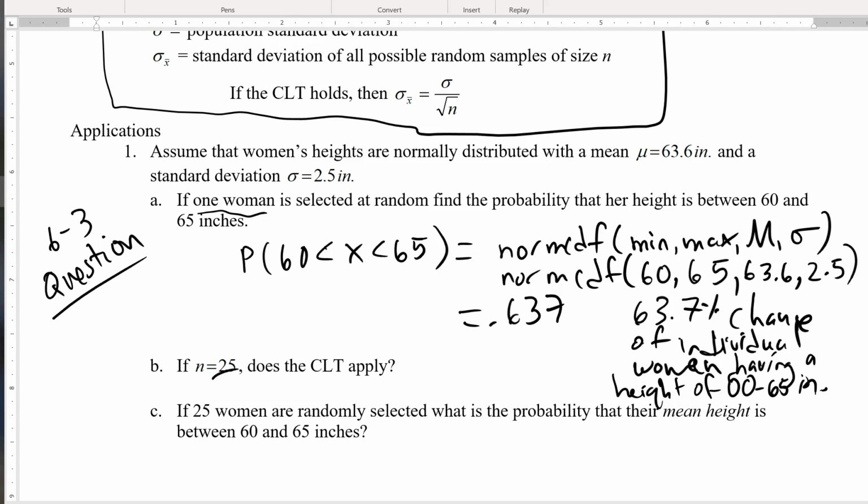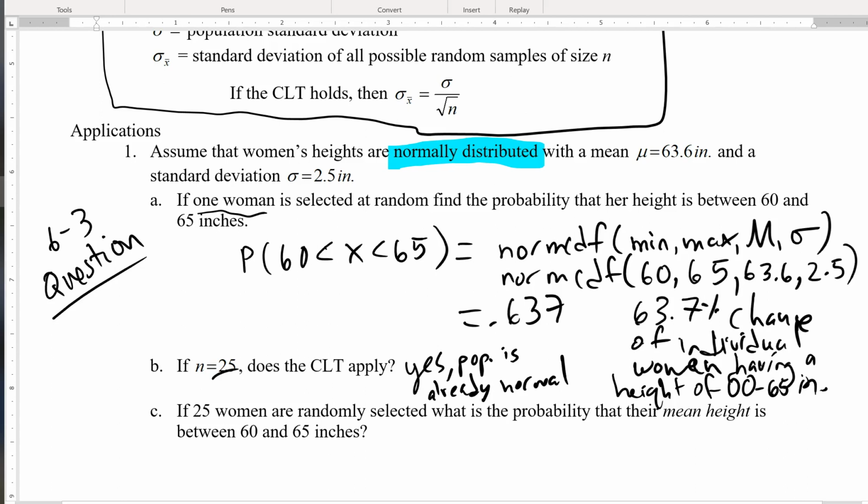It says we're assuming that women's heights are normally distributed. We actually know that. If we were to map out all of the heights of the women in the population, we know that we're dealing with a normal distribution. Okay? So we know that, does the central limit theorem apply? Yes. Why? The population is already normal.